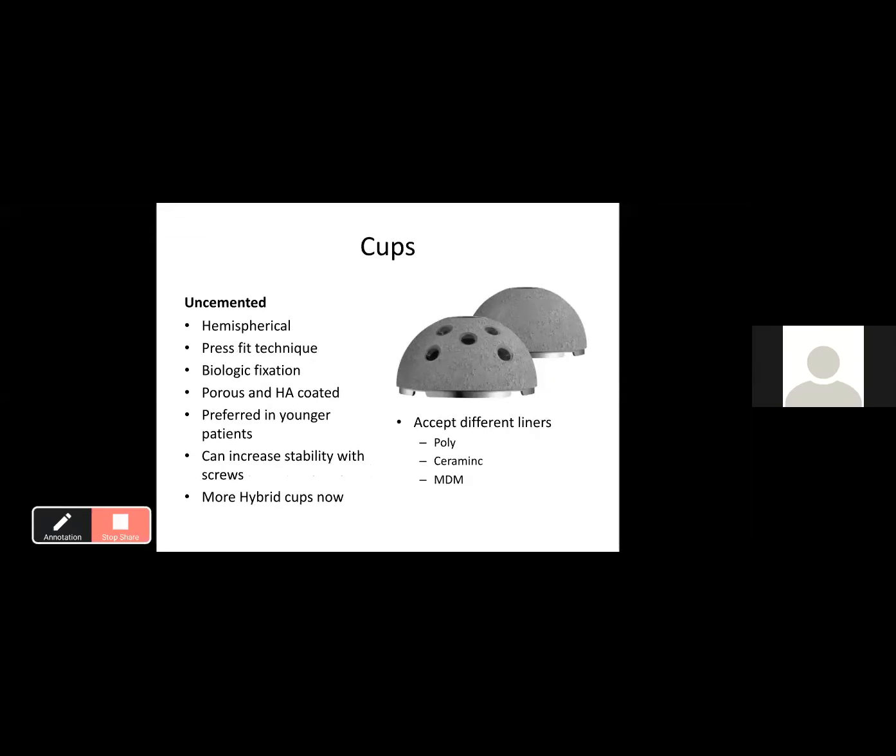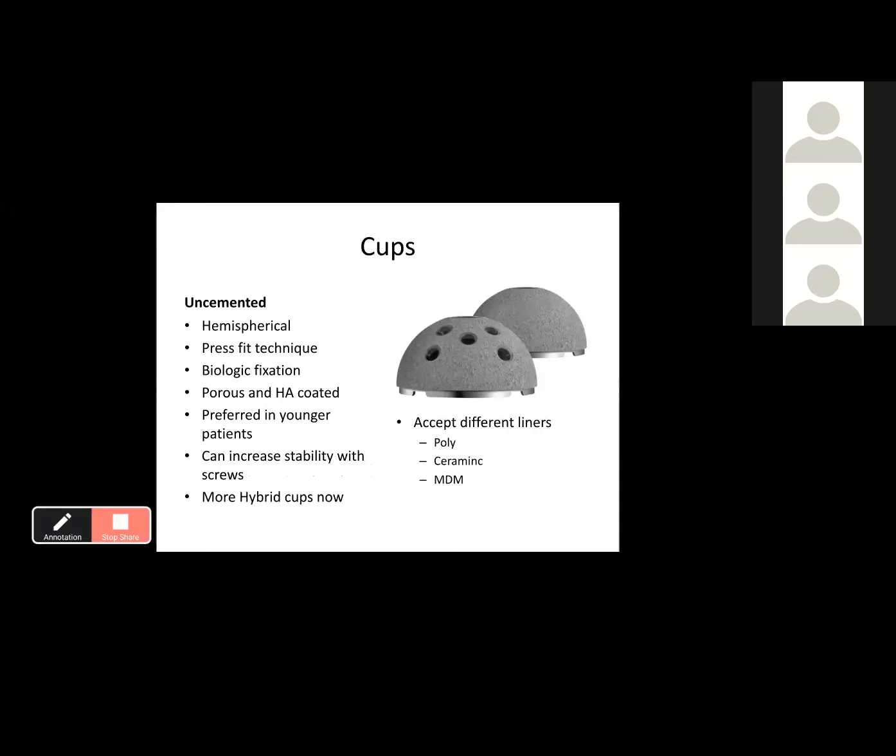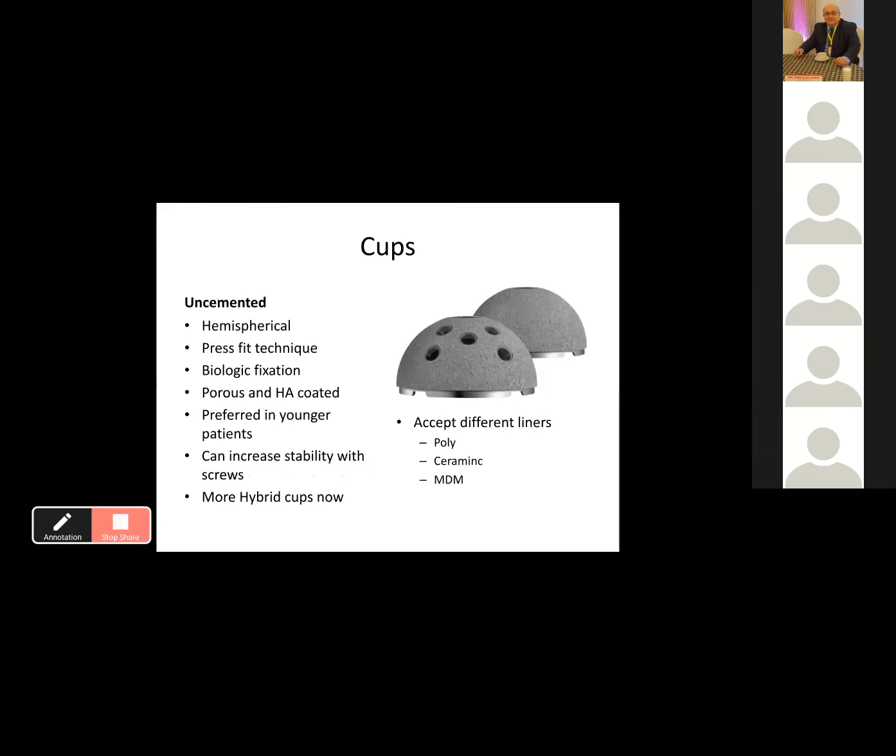Nowadays, we are more likely to use an uncemented cup, and like I was saying, in the UK, you're starting to see this hybrid hip, so a cemented stem with an uncemented cup. This is because we see that these fail less commonly than a cemented cup would.